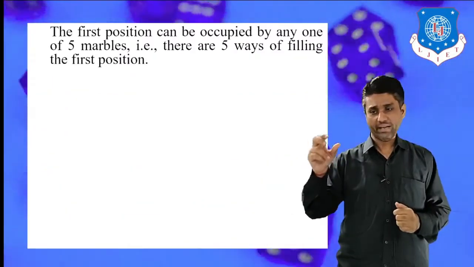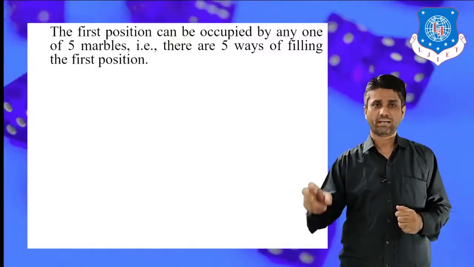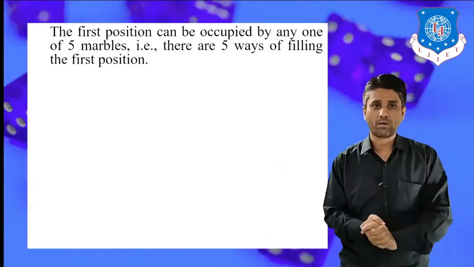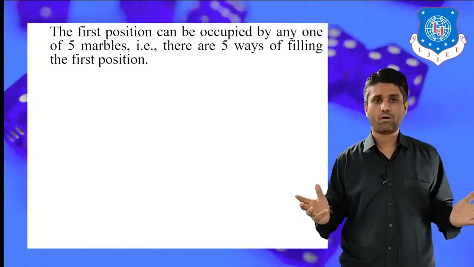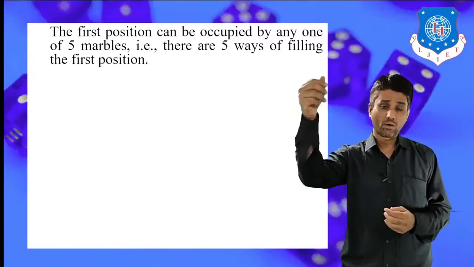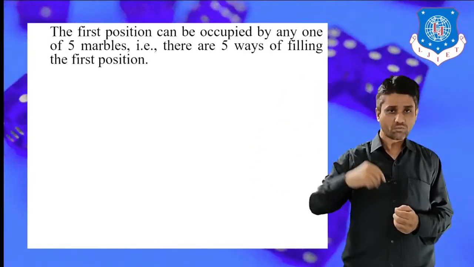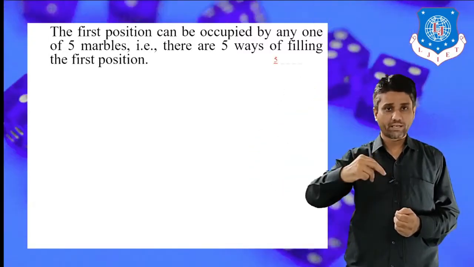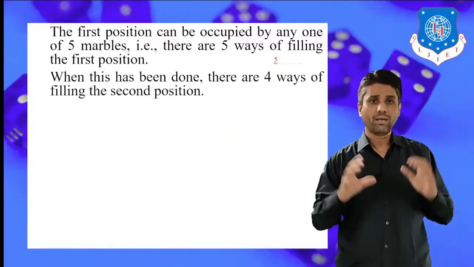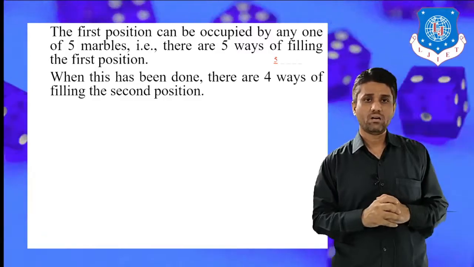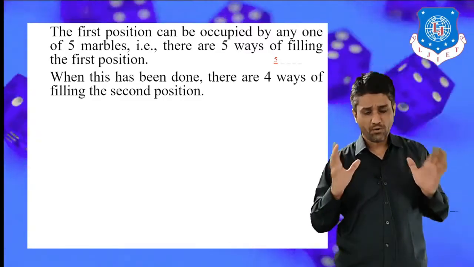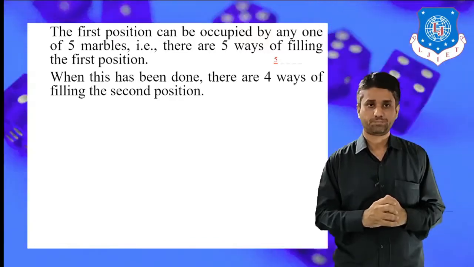So let's see how we can fill up each and every blank. For selecting the first position, that is selecting the first marble out of 5 marbles, there are 5 ways of filling the first position, because we can select any of the five marbles. So the first position is filled by 5.